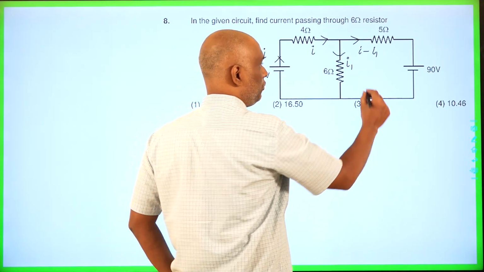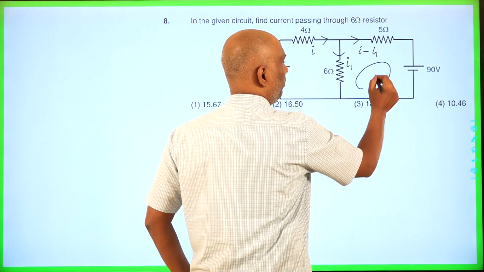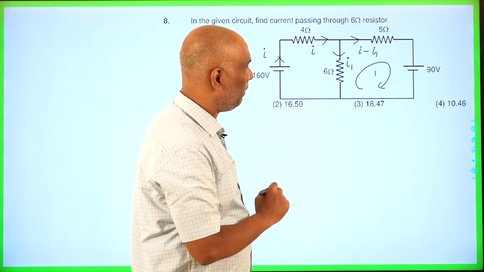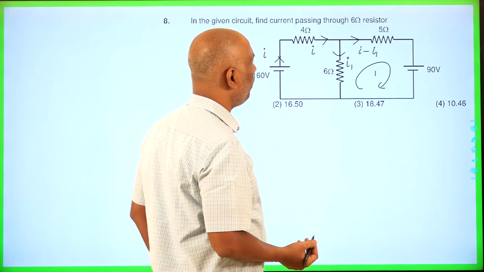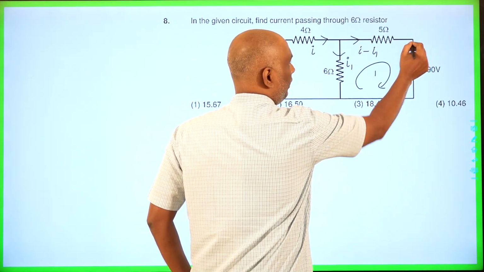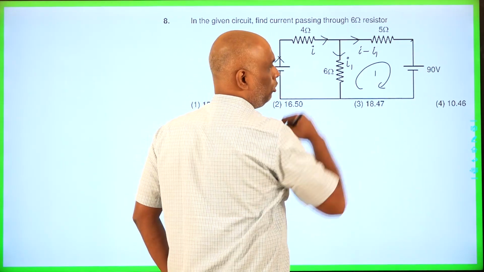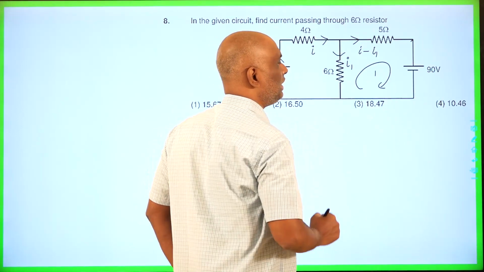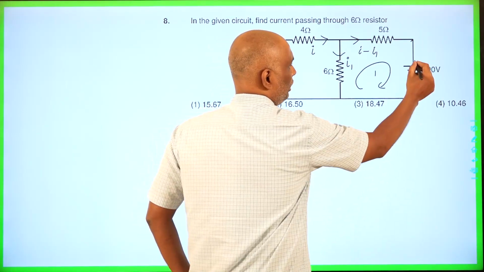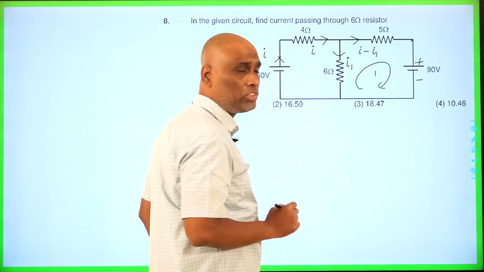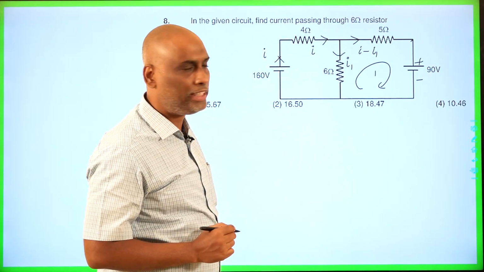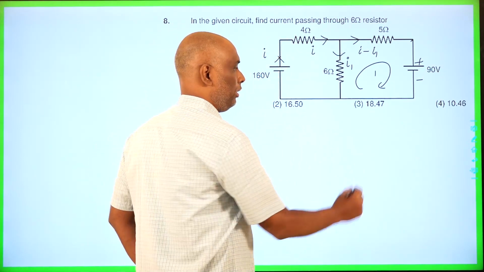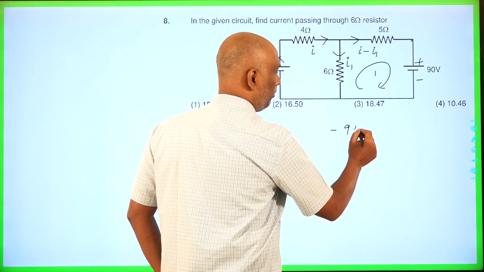If I consider this first loop, and apply the Kirchhoff loop rule starting from any point, for example from here, as I am going in the clockwise direction across this cell, I am going from the positive terminal to the negative terminal of the cell. So across that you are going to get minus 90.